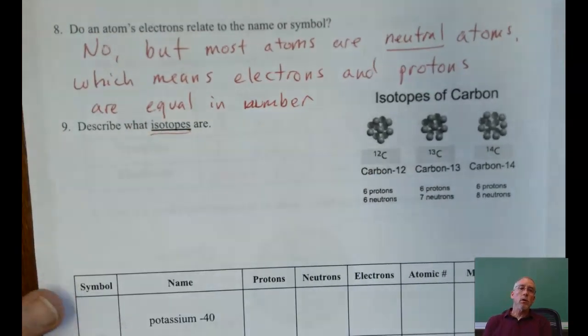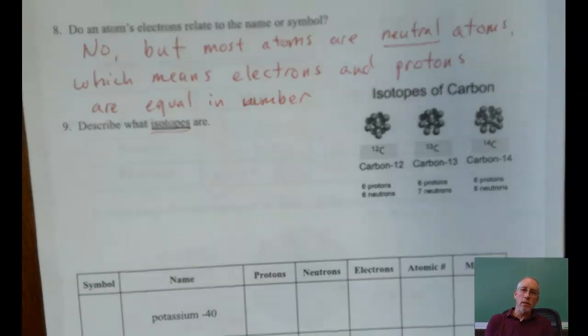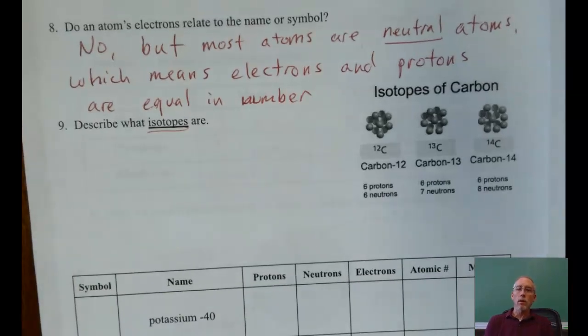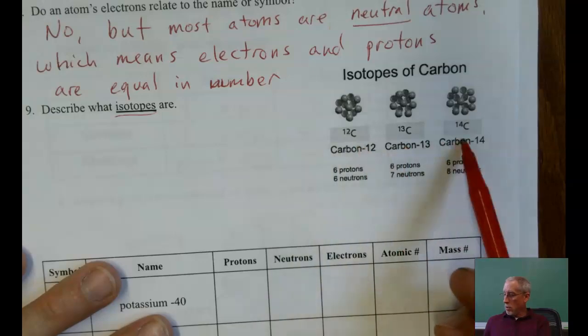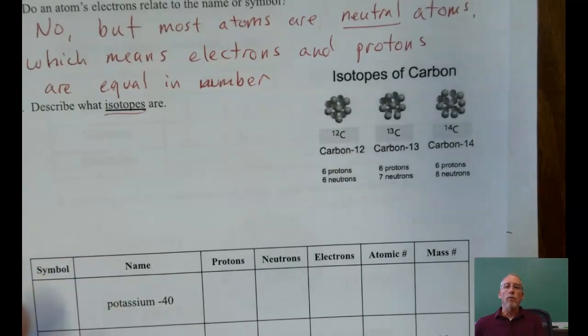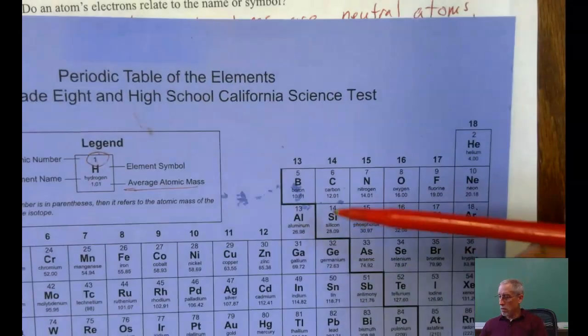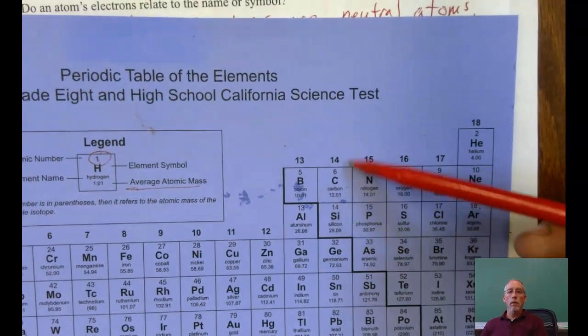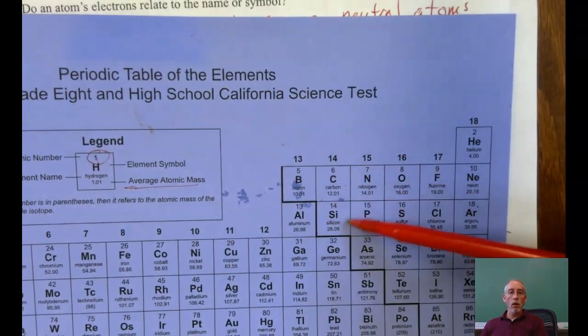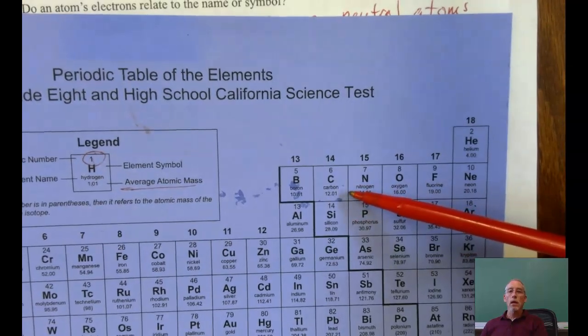Okay, I want to introduce you to the term isotopes. It will make sense now that we've described how atoms are different. Here are some diagrams describing the difference between a few different kinds of carbon atoms. Now, they're all carbon, which means they have an atomic number of 6. Here is carbon on our periodic table. Element number 6, we call it. That means atomic number 6.